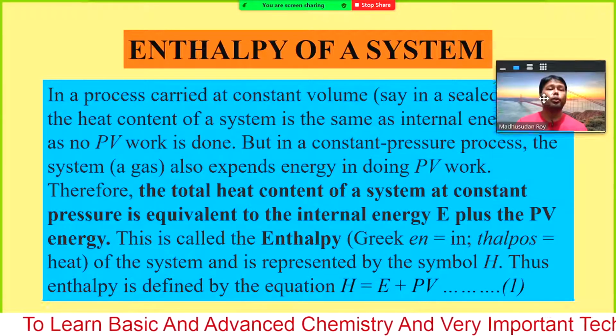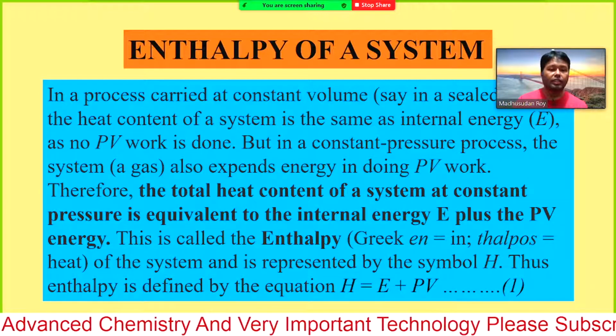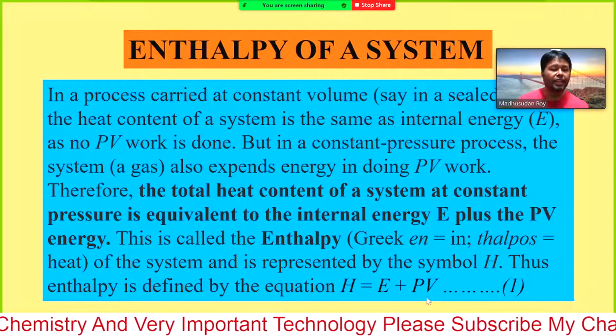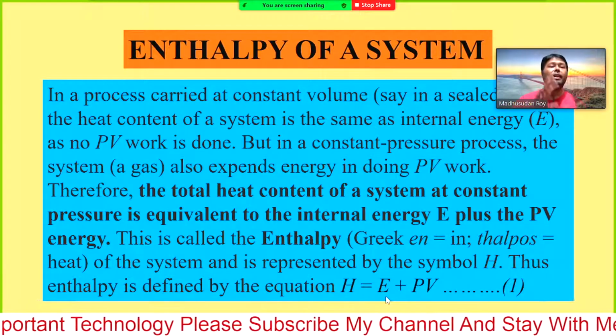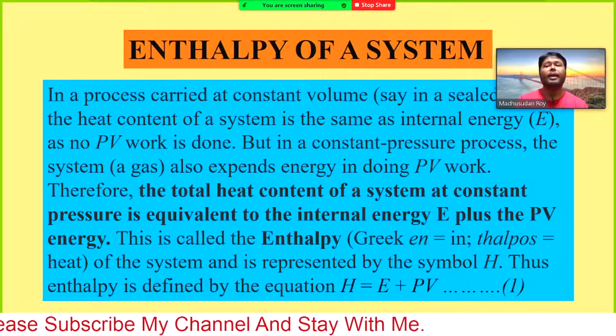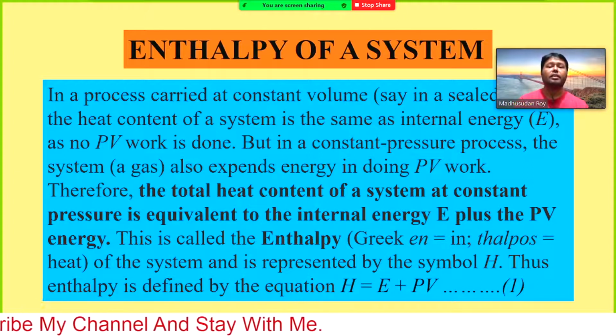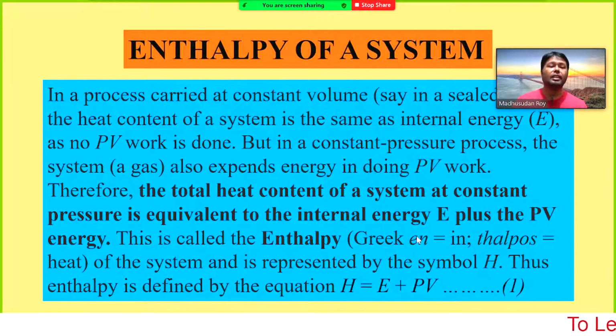The total heat content of a system at constant pressure, the total energy or total heat content of a system at constant pressure, is equivalent to the internal energy E plus the PV energy.